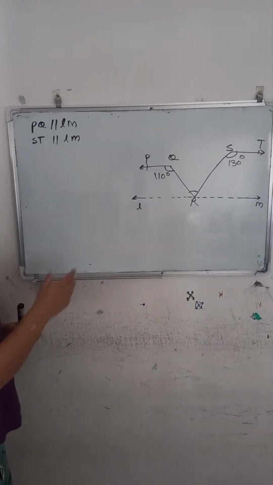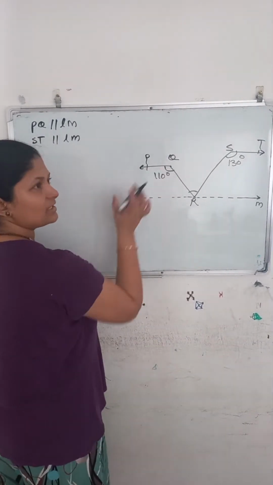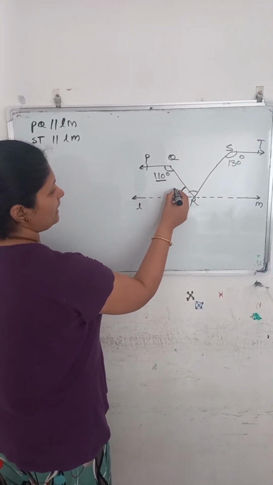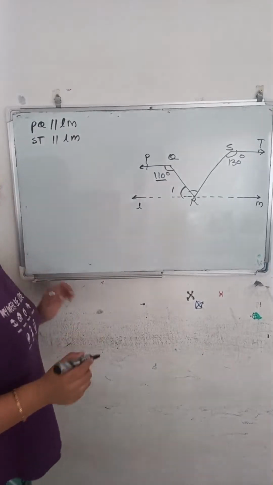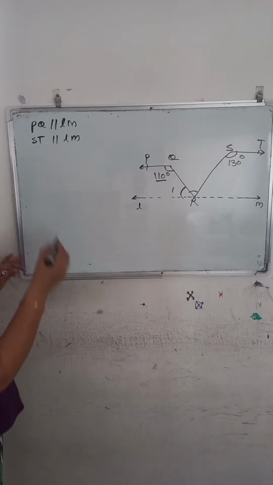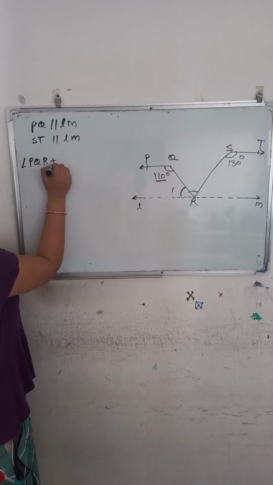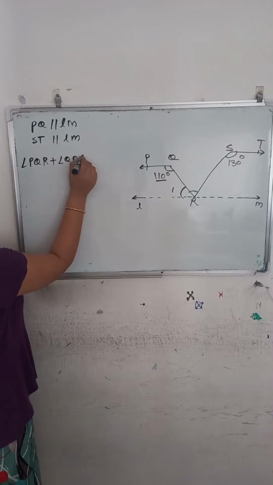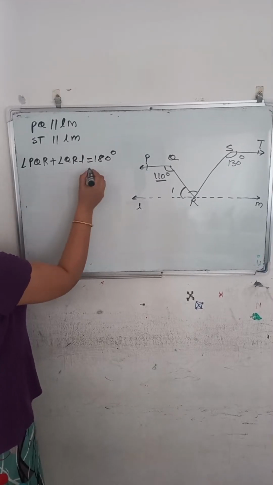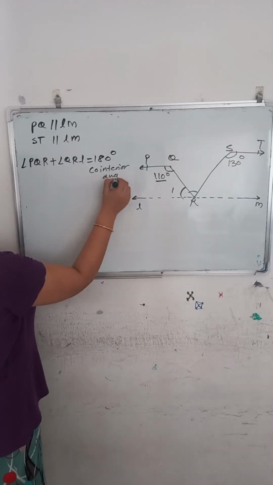Very simple method. PQ is parallel to LM, then this small segment LR is also parallel to PQ. So in this case, this 110 and, suppose I am taking this angle 1, they are co-interior angles. That means their sum is 180 degrees. So I can write angle PQR plus angle QRL is equal to 180 degrees, co-interior angle sum.